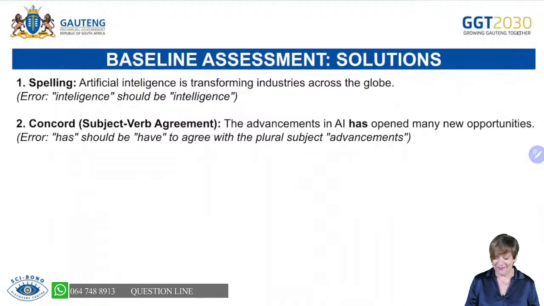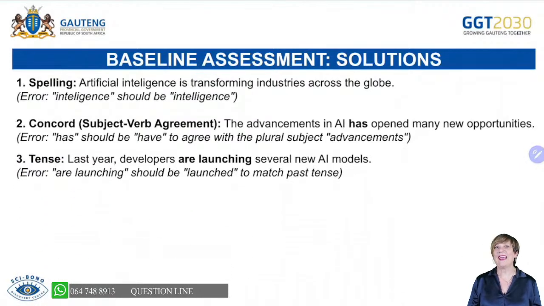Originally, it was has. It should be have. Why? Because we have advancements, which is plural. So we can't have a has there, we have to have a have for advancements. So that's the second thing you need to look out for. Does my subject and my verb agree? Let's try this third one.